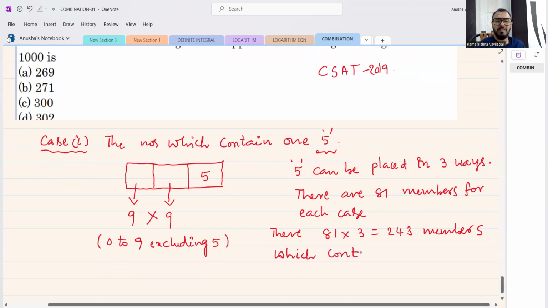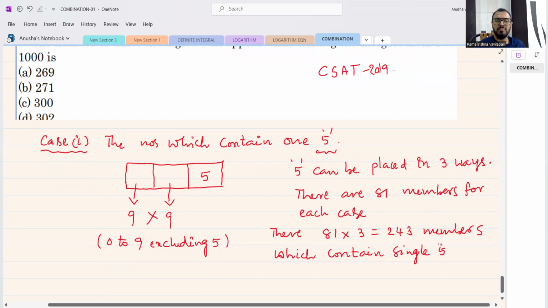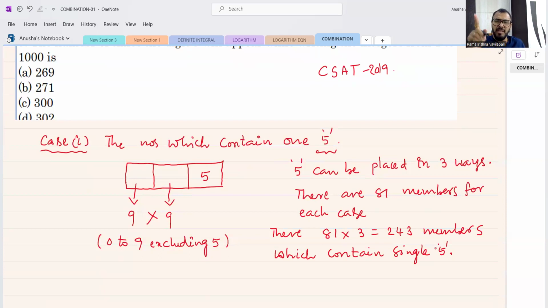Which means there are 243 numbers which have only one 5. So 5 is counted 243 times.